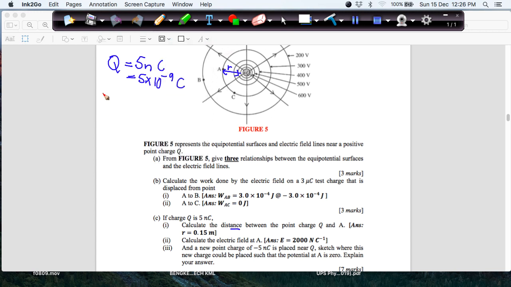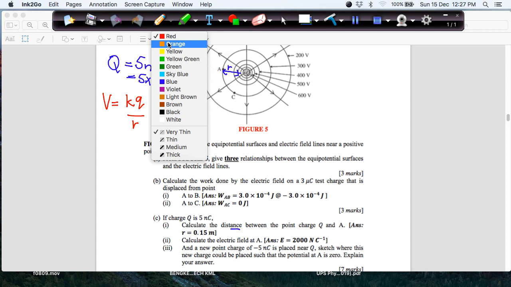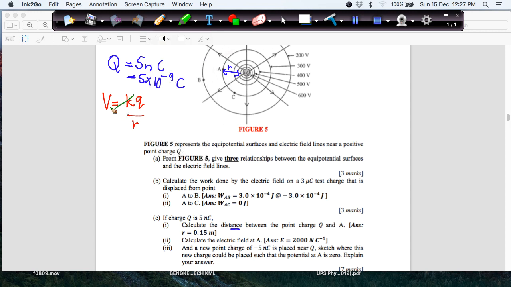The equation for the electric potential V is K Q over R. The value of K is the constant 9 times 10 to the power of 9, the charge is 5 times 10 to the power of minus 9 coulomb, and V at point A is 300 volt.